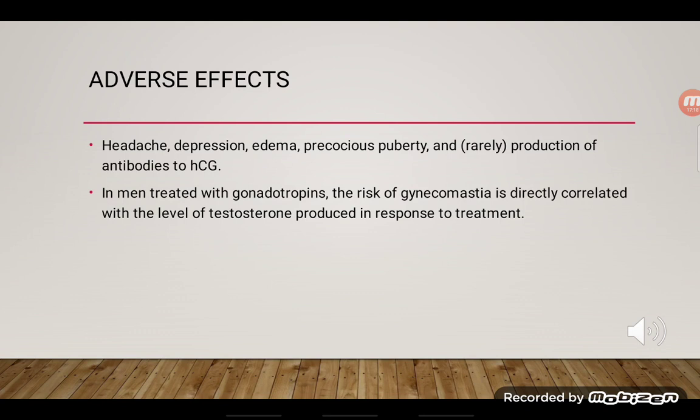Most of the preparations are available as IM injection. Transdermal patches are available as well. And it's always important to tell the patient that with these preparations, they need to be careful when they handle these products.